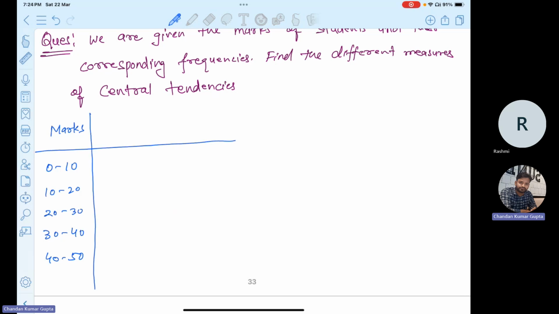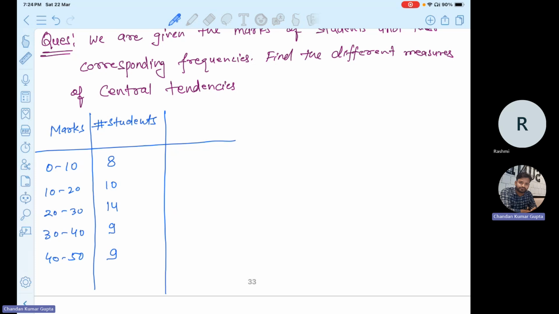The number of students is also there. The number of students will be like 8, 10, 14, 9, and 9.